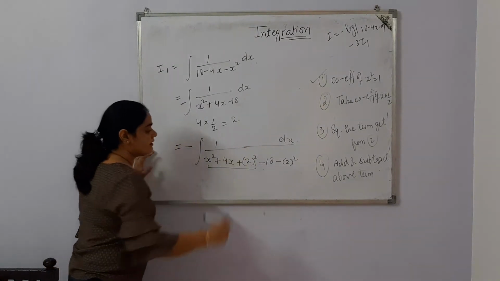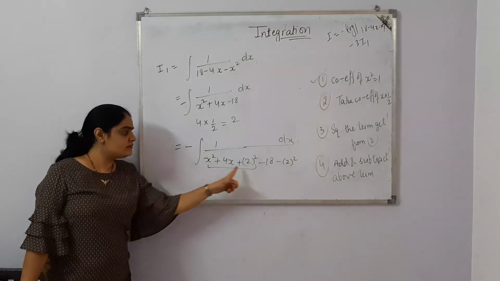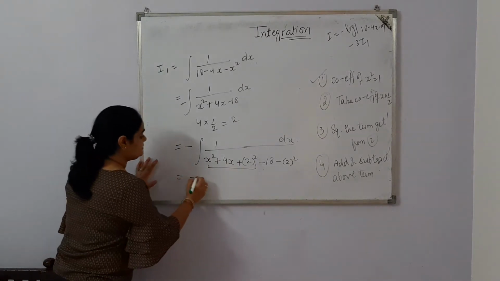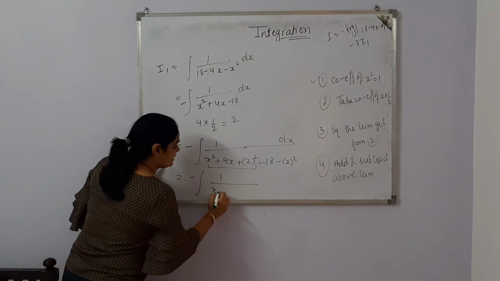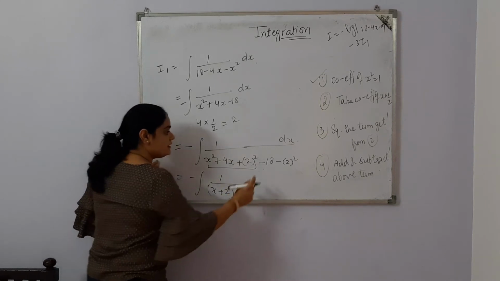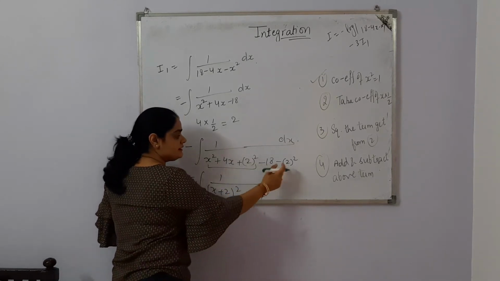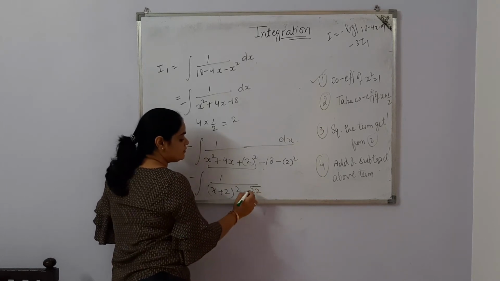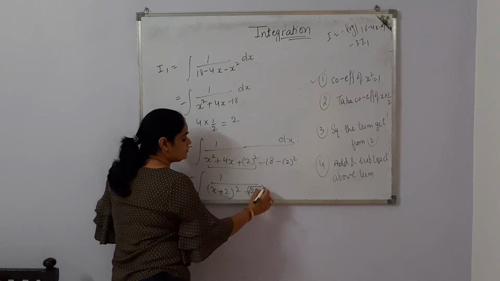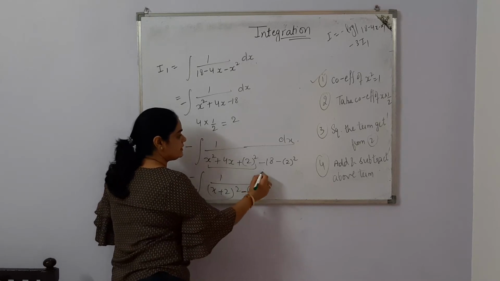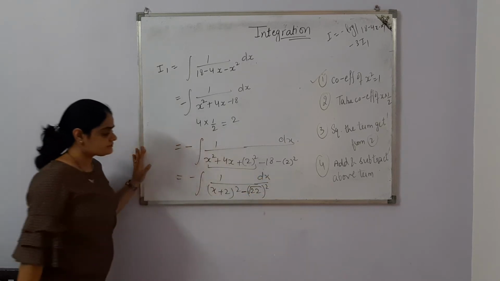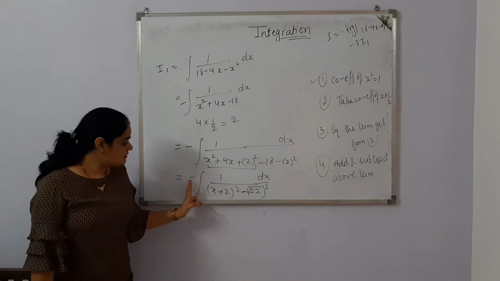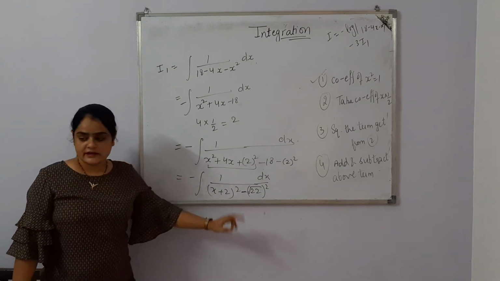Here we can apply the formula a square plus b square plus 2ab, it is a plus b whole square, and 18 minus 4 becomes minus 22. Can we write minus 22 as under root 22's whole square? The negative sign is outside, dx. So when this negative sign goes inside, what will we get?